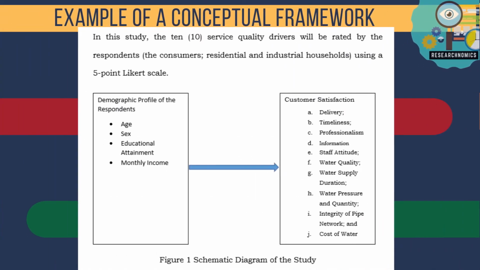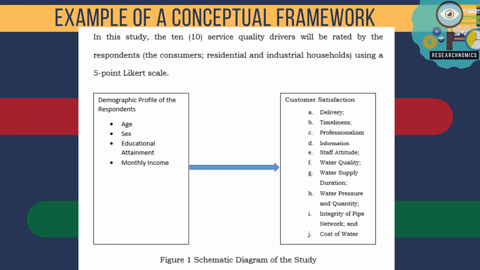In addition, the study also presented the relationship among variables in the form of a schematic diagram of the study. As you can see, there are two boxes in here, with an arrow pointing to the other that signifies the relationship between them. On the first box, you can see the demographic profile of the residents in terms of age, sex, educational attainment, and monthly income.